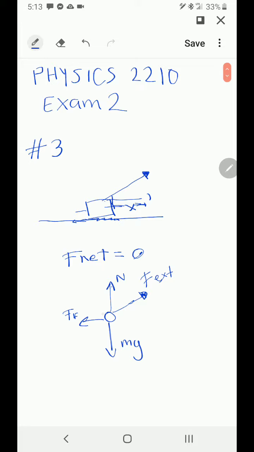Why do we know that? Because this force has a component in the y direction also, and this component makes the normal force smaller than the force of gravity, so the body can move with a constant speed. Okay.